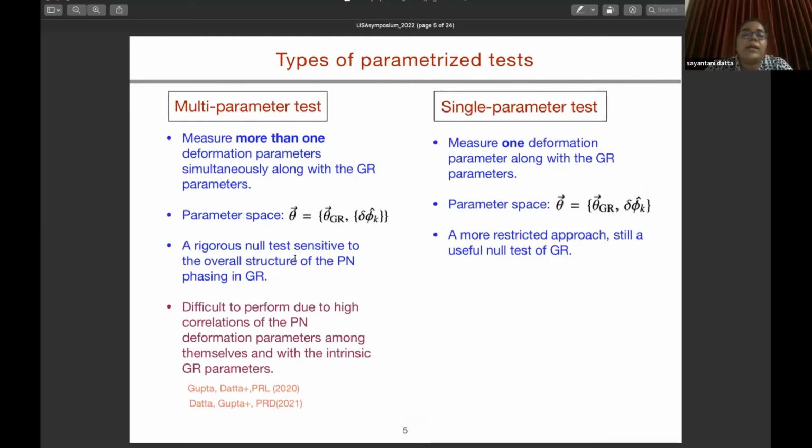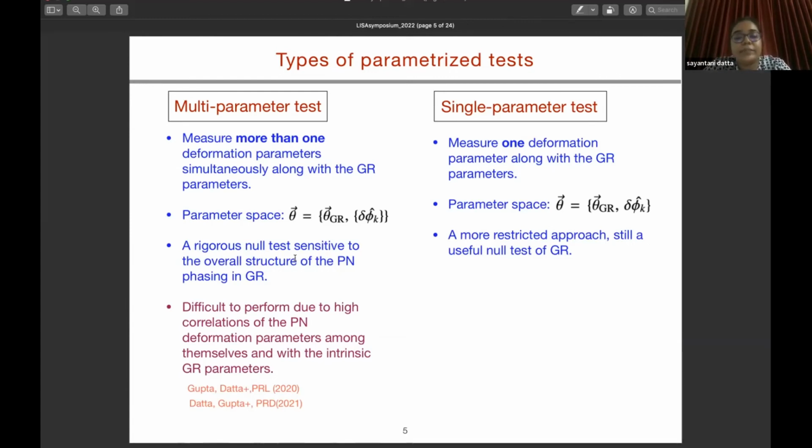As I said earlier, we would actually like to do a test where multiple post-Newtonian coefficients are measured. This will be called a multi-parameter test of GR, where both the GR parameters along with multiple post-Newtonian deformation parameters are measured simultaneously. Now, this is a more general and a rigorous form of parameterized test.